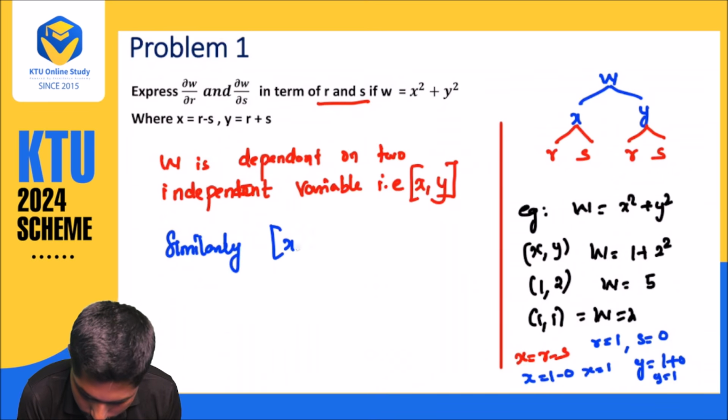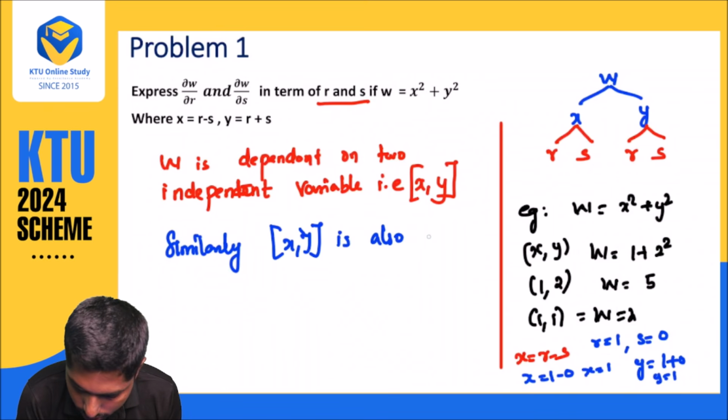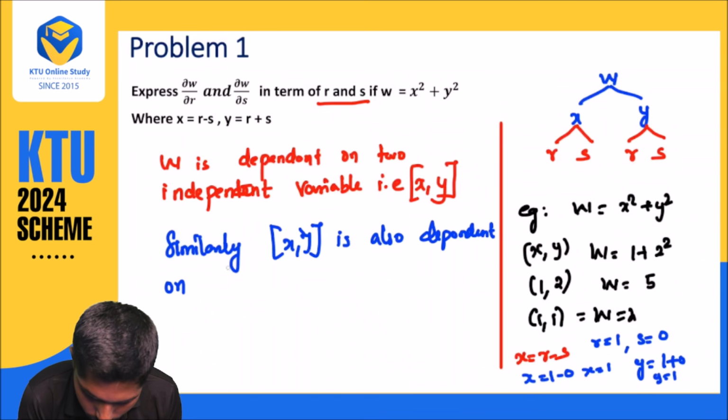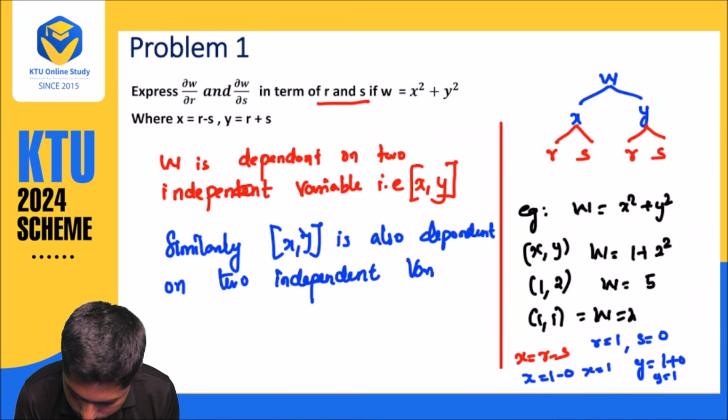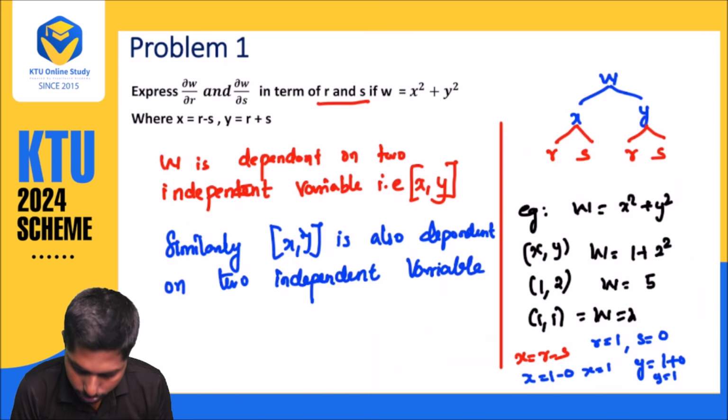Similarly x comma y is also dependent on two independent variables. What are the two independent variables? That is nothing but what?